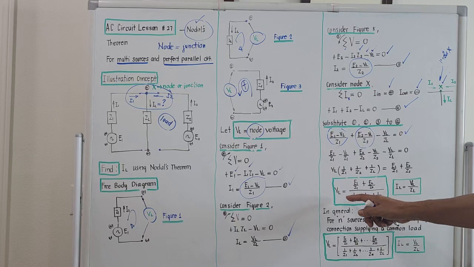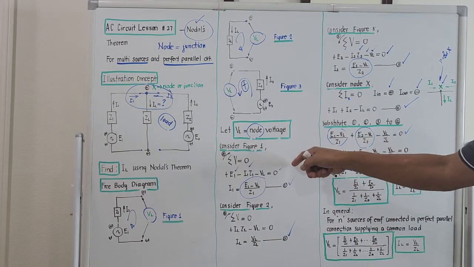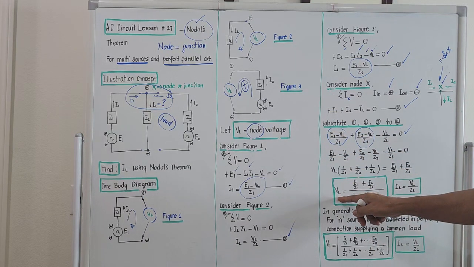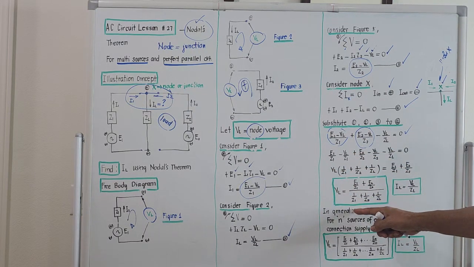And if we try to compute for the value of B sub L, the node voltage, which is required in the computation of I sub L, B sub L now will be E1 over C1 plus E2 over C2, all over the summation of 1 over C1, 1 over C2 plus 1 over CL.